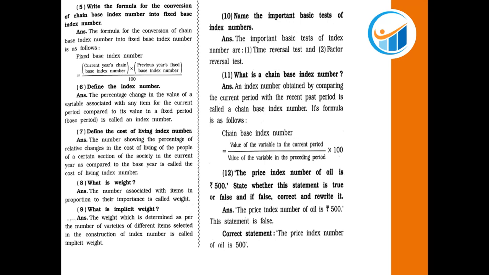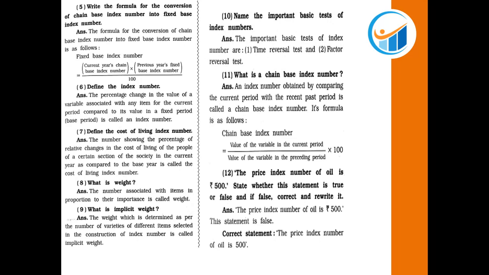For each and every family, their expenditure on food, clothing, vegetables, edible oils, miscellaneous items, and house rent are all different, or having different importance. So the number associated with the item in proportion to its importance is called the weight.